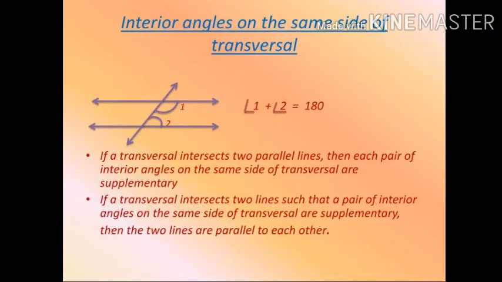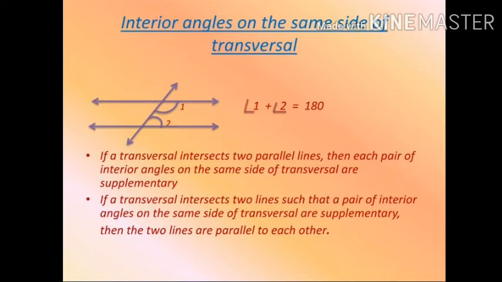Next one, interior angles on the same side of the transversal. Observe the picture. Angle 1 and angle 2 are called interior angles on the same side of the transversal. If a transversal intersects two parallel lines, then each pair of interior angles on the same side of the transversal is supplementary.